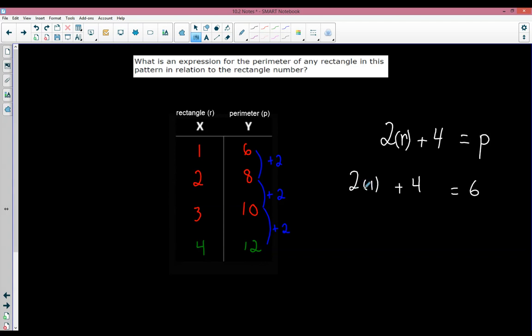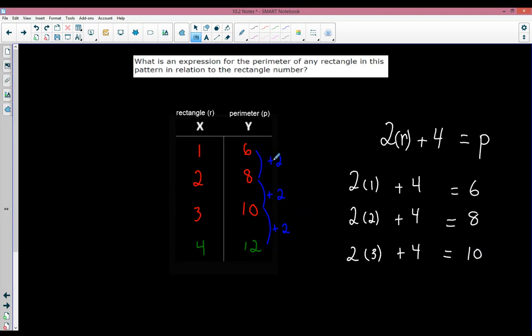We tried it out with our first input, rectangle 1. Now we'll try it out for at least 3. So 2 times rectangle number 2, add 4. 2 times 2 is 4, add 4 equals 8. We'll try it again. 2 times rectangle 3. 2 times 3 is 6. Add 4 equals 10.